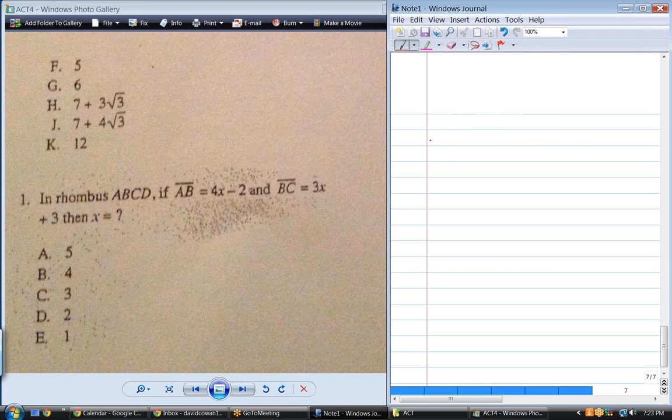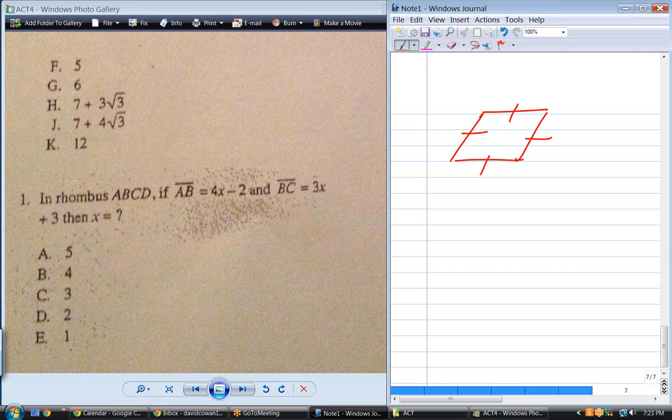So the definition of a rhombus is all 4 sides are equal. In other words, a square is a rhombus. But a rhombus isn't necessarily a square. Well, I just drew a rhombus. That's a parallelogram, but it's not a square, but all 4 sides are equal. Okay. So that's what you need to know about a rhombus.